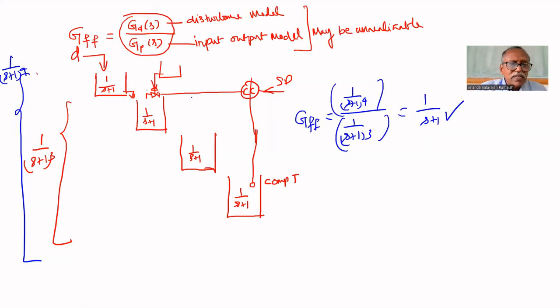Suppose I'm having a system in which disturbance is entering here. Disturbance is at the second tank. So this is not in the loop.